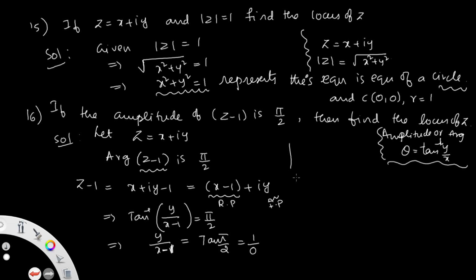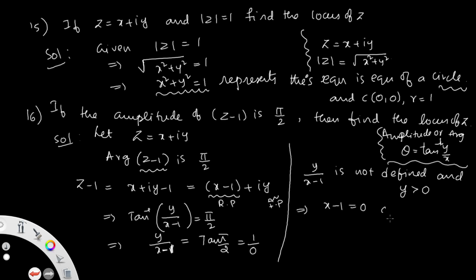So y by x minus 1 is not defined, and y should be greater than 0. In cross multiplication we get x minus 1 equal to 0, and the condition is we have to write y greater than 0.